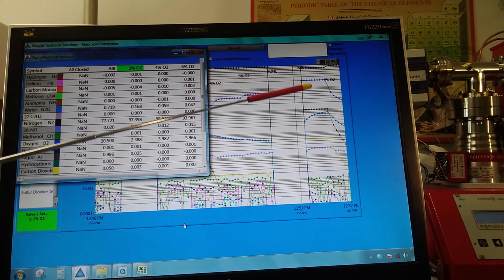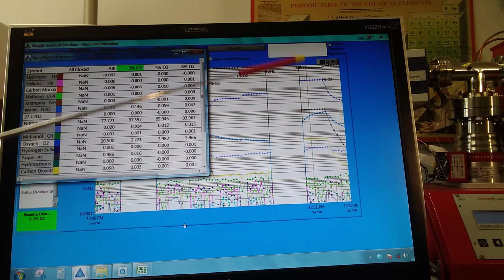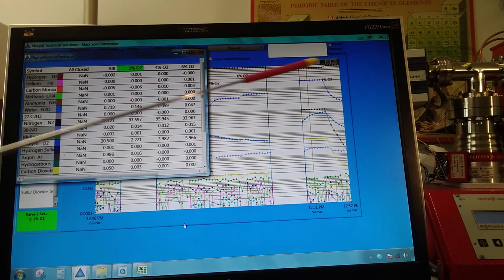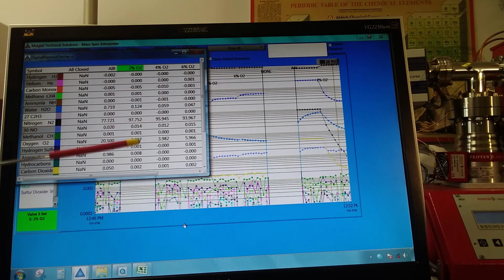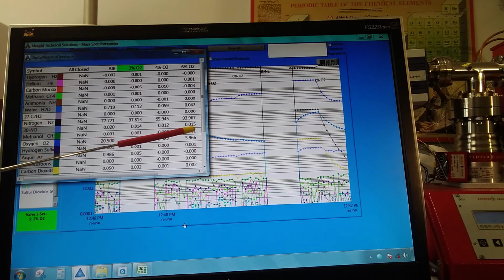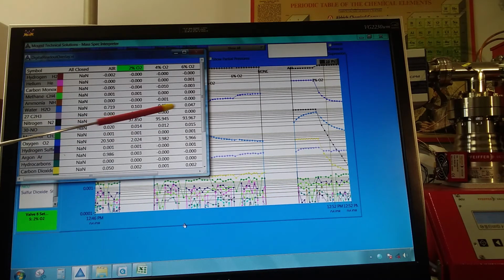So you'll see we've got quite a bit going on with our room air gas that doesn't happen within our cylinder gases. You'll see that the water concentration in our cylinder gases is much, much lower than the water vapor coming from the room air. The room air is 0.7%.